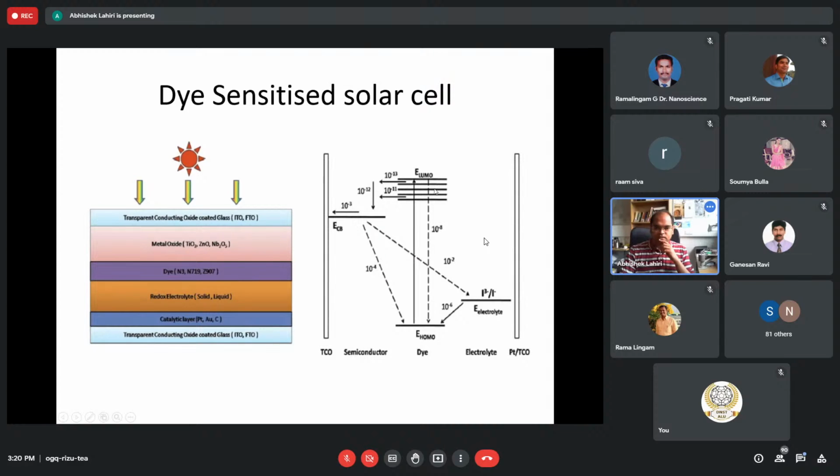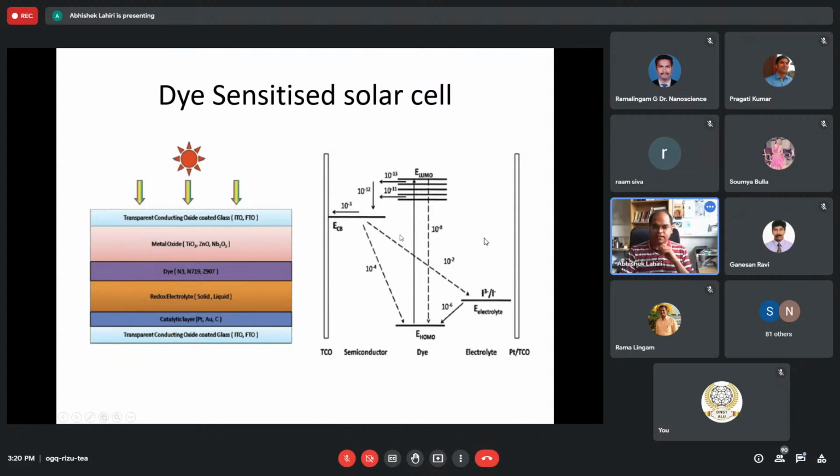This is where the electron is transferred. So the HOMO and LUMO level of the dye has to match the conduction band of the metal oxide. Once there is a match, the electron is automatically transferred to the band of the metal oxide.